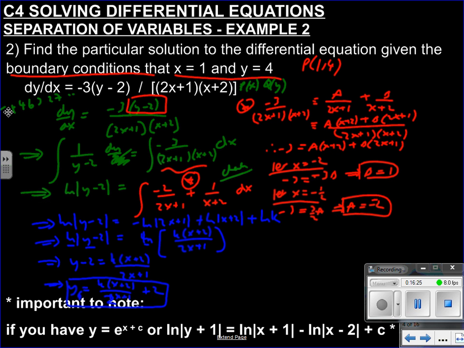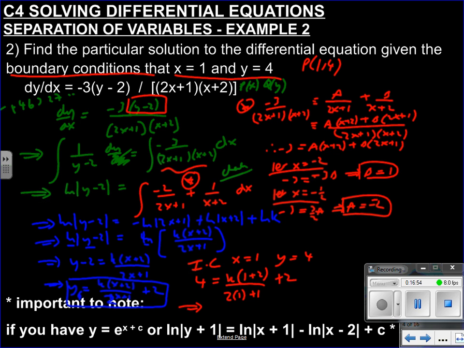But it's given us boundary conditions, so it wants us to find that missing k value. So our boundary conditions, or what I'd like to call initial conditions, so let's always write I.C.: x equals 1, y equals 4. So let's whack that in. Y is 4, k times 1 plus 2 over 2 lots of 1 plus 1, plus 2.